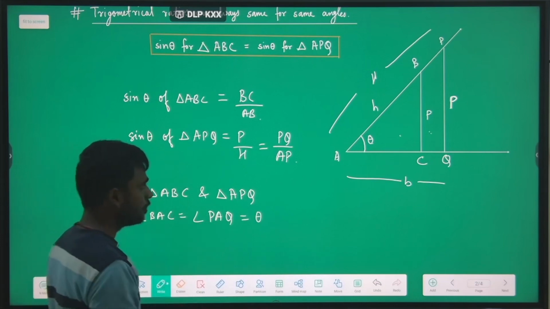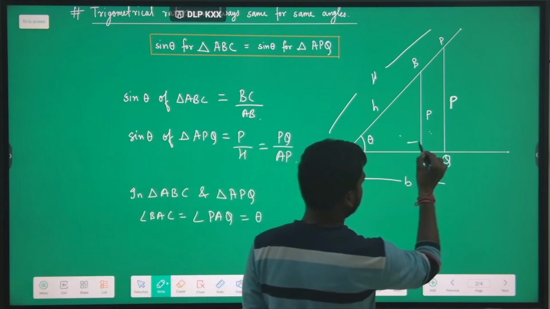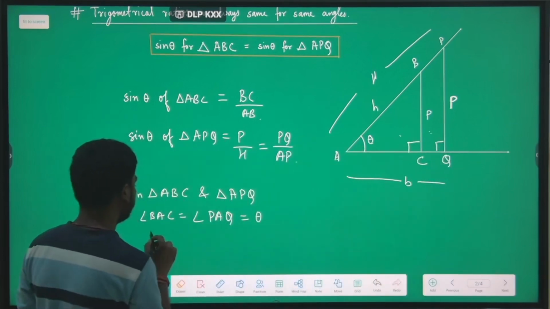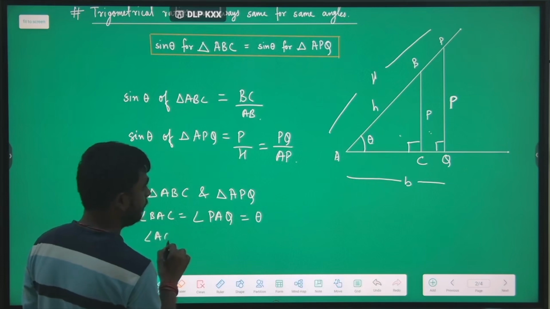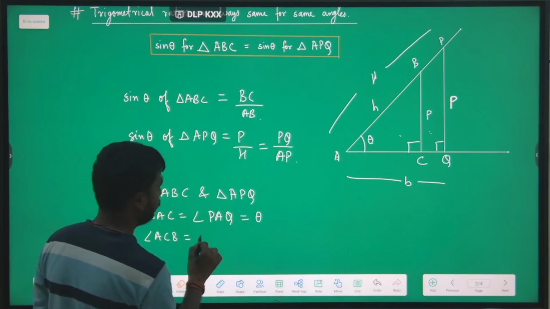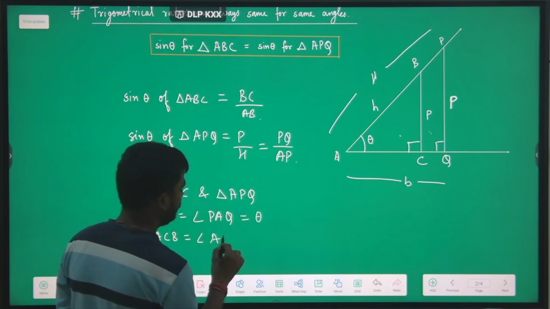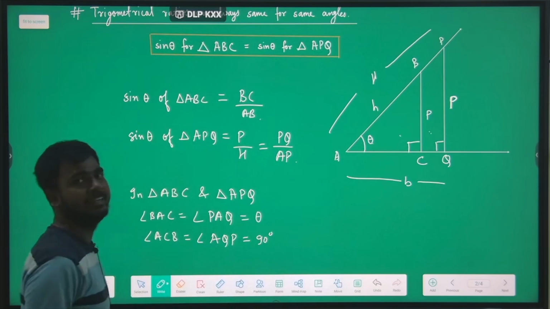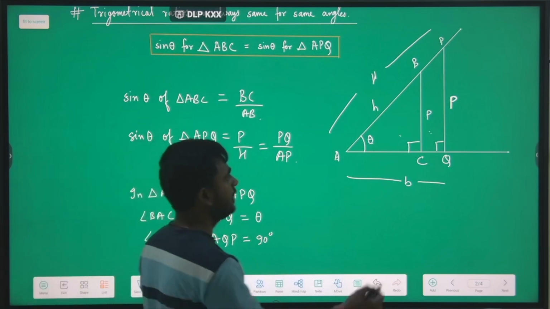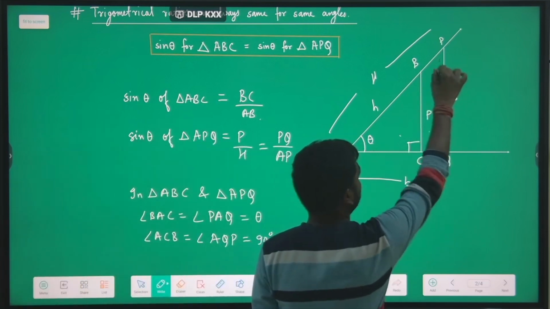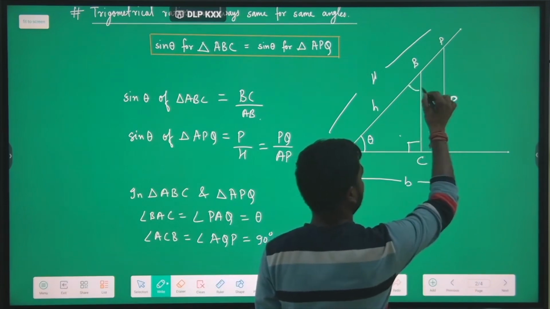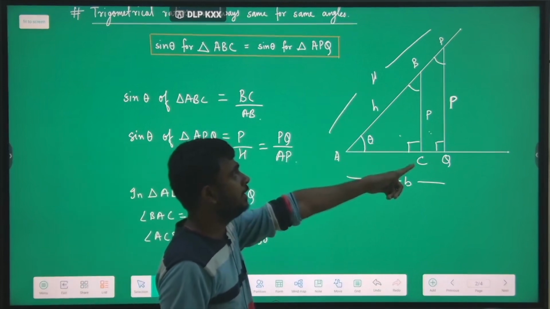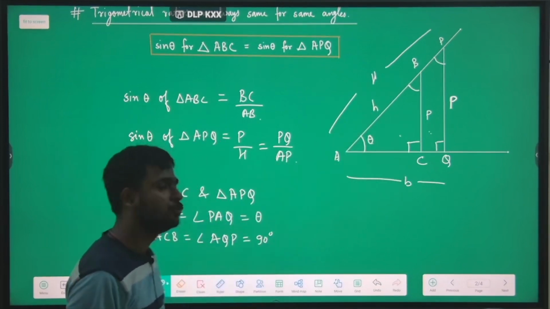Now what we can say, this is 90 degrees and this is also 90 degrees. So angle ACB is equal to angle AQP is equal to 90 degrees. Both are 90 degrees. Similarly, these two lines are parallel to each other, so their corresponding angles will always be equal. So angle ABC will be equal to angle APQ.